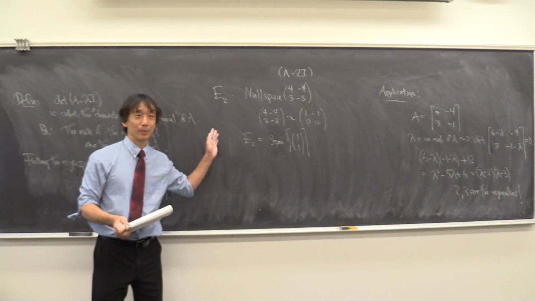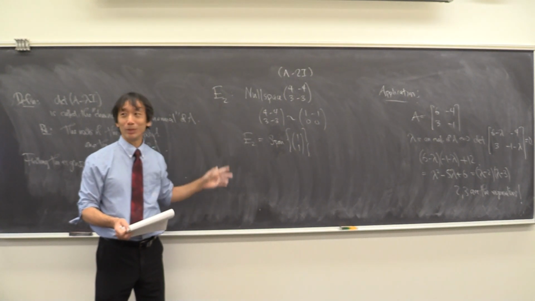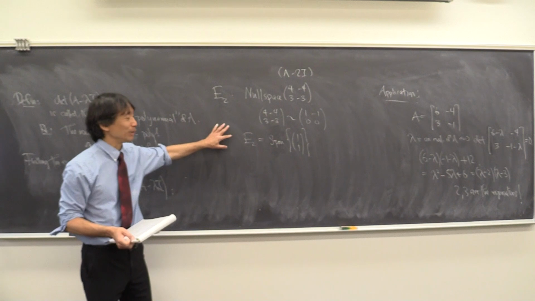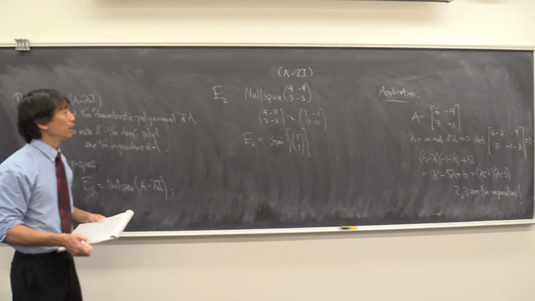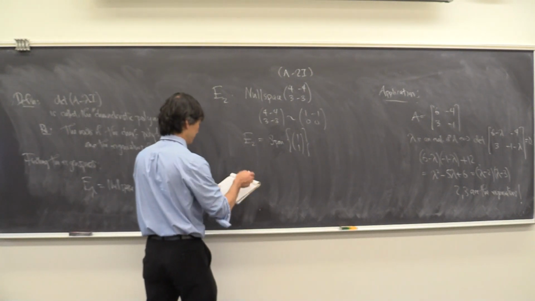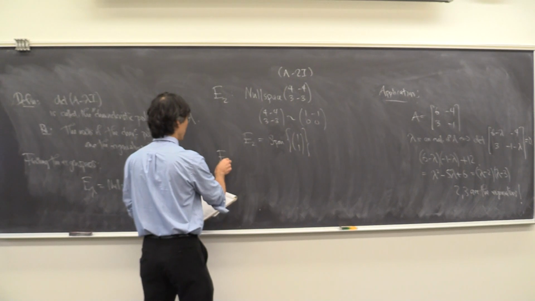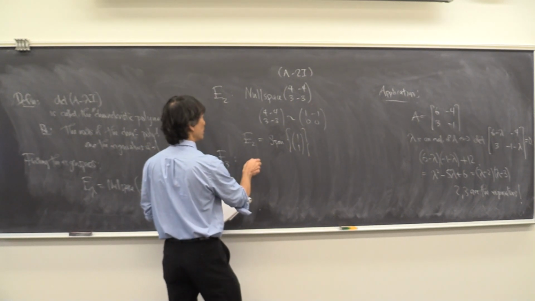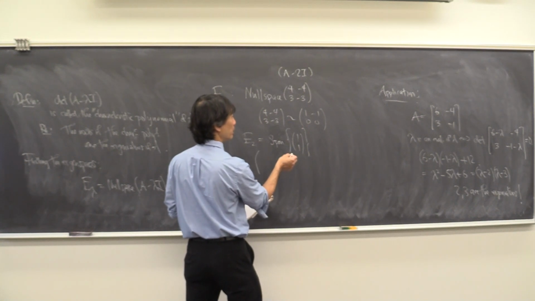Everybody okay with that? This may be rusty, but we've seen this. And then same thing for E3. We want the null space of that matrix minus 3.